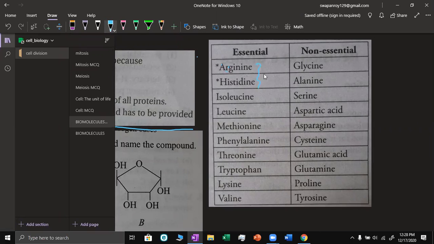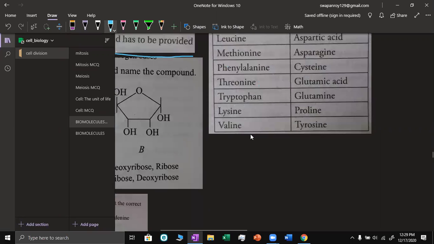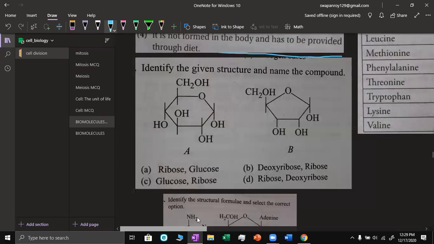Arginine and histidine are actually required during childhood, but in the adult they can be synthesized, so they are kept as semi-essential amino acids. So you have to remember the list.